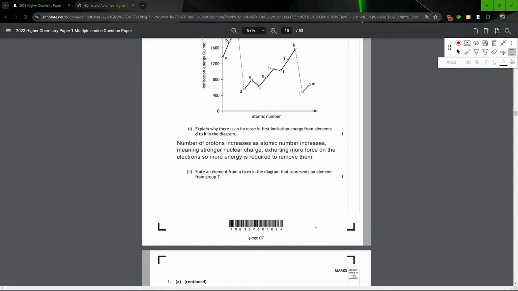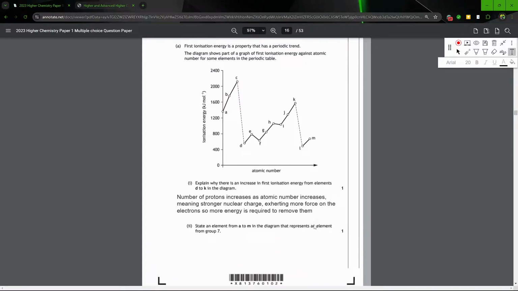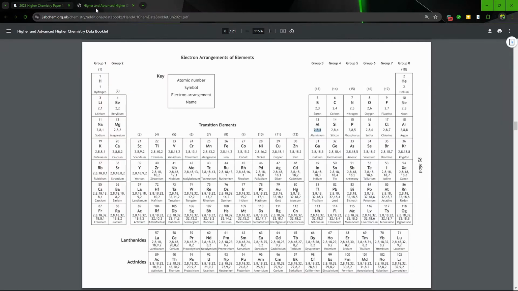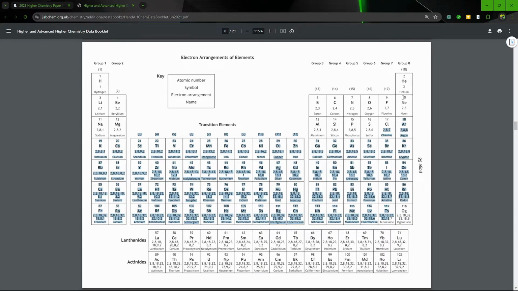State an element from A to M in the diagram that represents an element from group 7. Okay, so group 7 is going to be almost at the end of the periodic table here, the halogens, just before group 0, the noble gases.